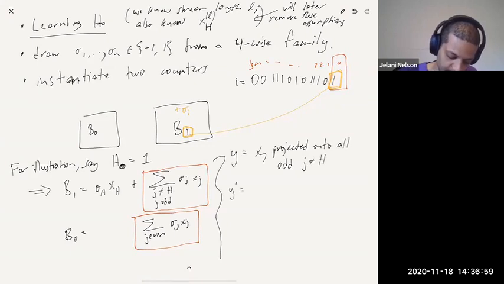And y prime is equal to x projected onto all the even j's.